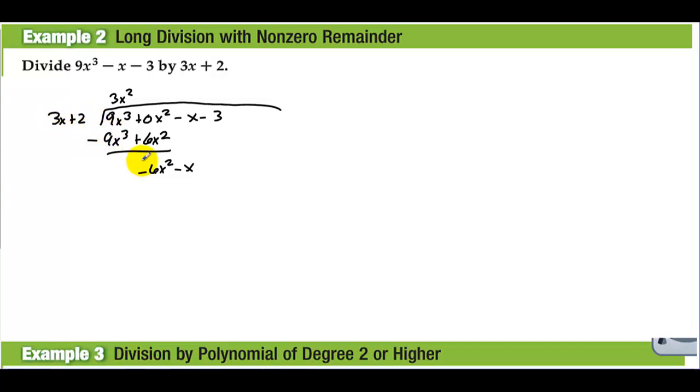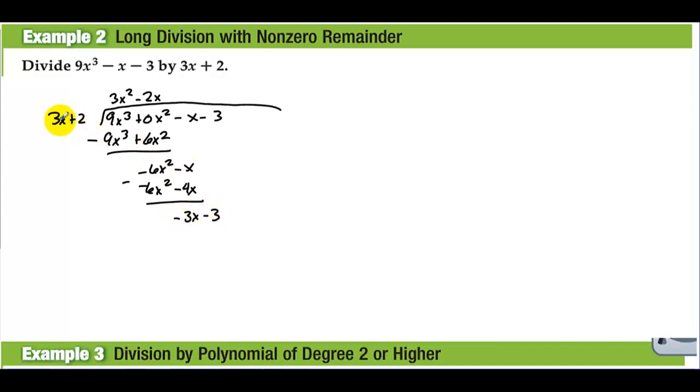Now, what do we take times 3x to get negative 6x squared? Negative 2x. So we have negative 6x squared, and then we have minus 4x. In long division, we always subtract. So negative x minus negative 4x, whoops, that's not 4x. We have negative 1 plus 4, that's 3x.